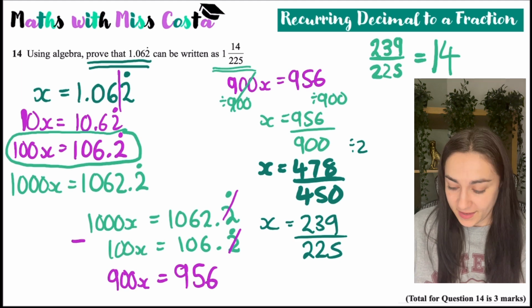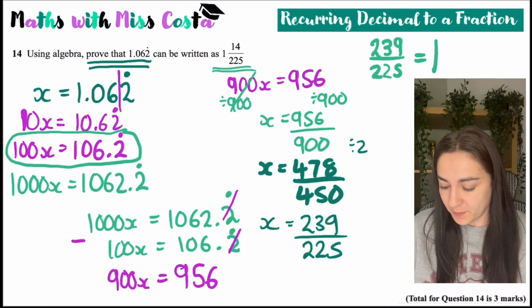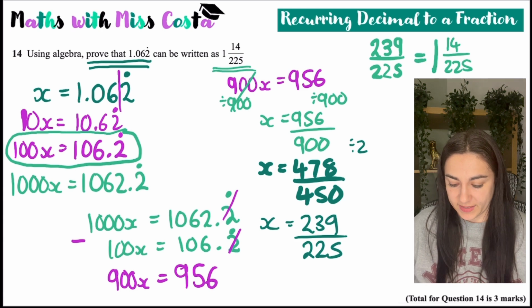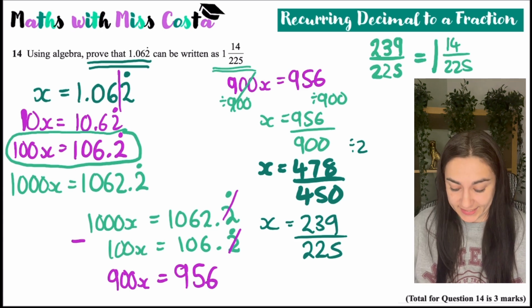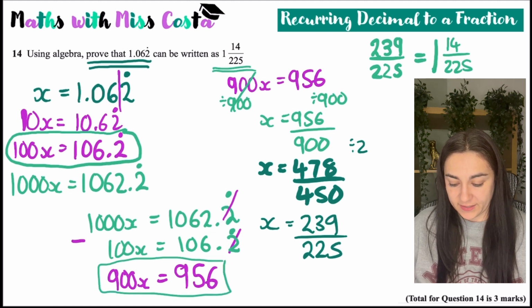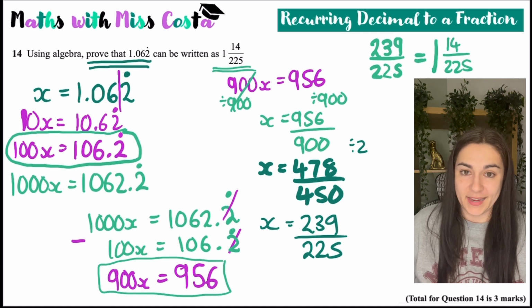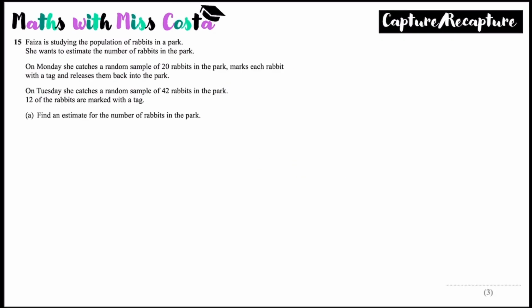Sorry, that gives me 1 whole, and I'm left with 14. So that would be 14 over 225. So because it's saying prove, you have to show each step of your working. So getting to this part is good, but then you need to show how you simplify the fraction. And you do that by simplifying it and then turning it into a mixed number.